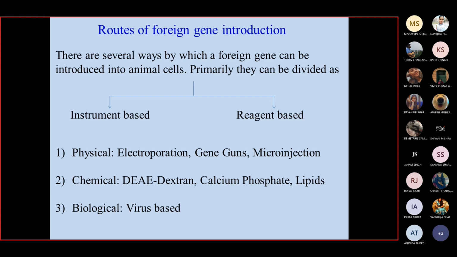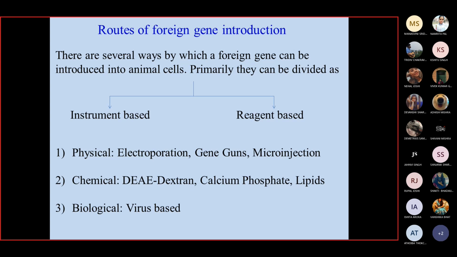Okay. When it comes to mammalian cells, people realize that the process of introducing a foreign gene can be classified into two. One is instrument based, and the other is reagent based.